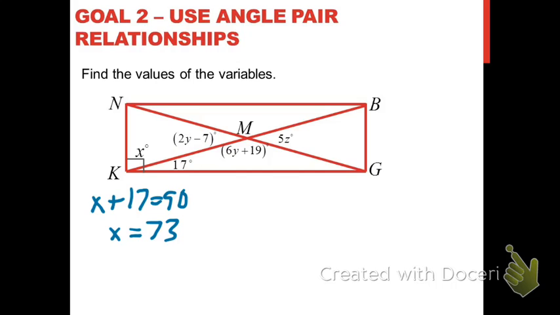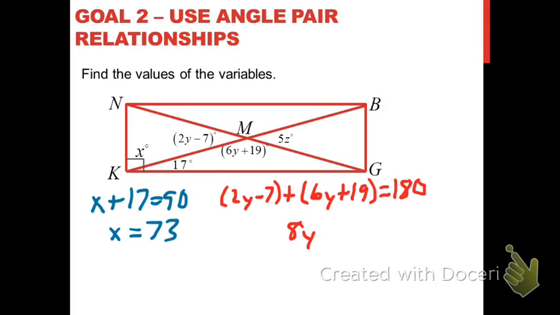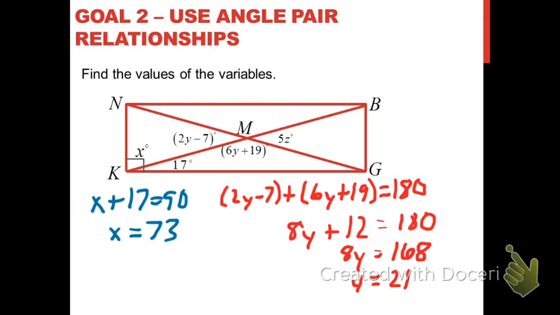And that linear pair postulate tells us that linear pairs are supplementary. Alright, so here's the equation that you ought to use to find the value of y. Alright, and then if you go about solving that, you'll end up with y is equal to 21.